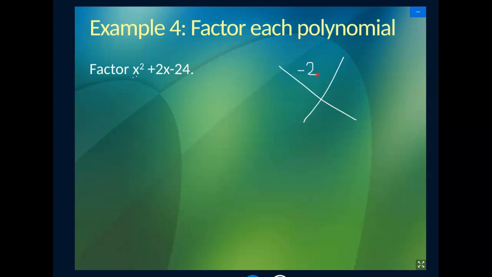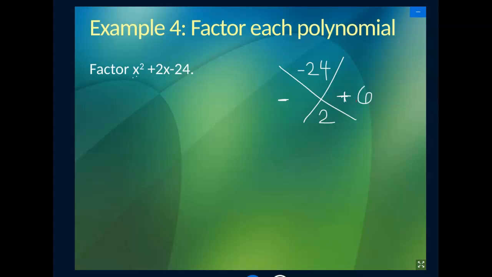So two numbers that multiply to negative 24, but add to 2. This time, the top number is negative. So if the top number is negative, then one of my numbers is negative, and one of my numbers is positive. Alexis? Perfect.